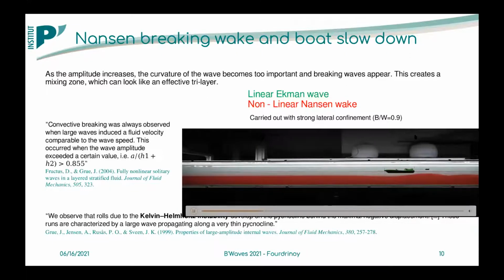The amplitude of the Nansen wake becomes very important, and the boat is slowed down considerably, giving the impression of a sudden stop. The keel of the boat acts as a forcing boundary condition for the wake, which deforms to create a breaking wave, and the boat accelerates again and later reproduces the same behaviors: slowing down, deformation of the wake, breaking internal wake. Sometimes during a breaking internal wake, we can see Kelvin-Helmholtz instabilities.